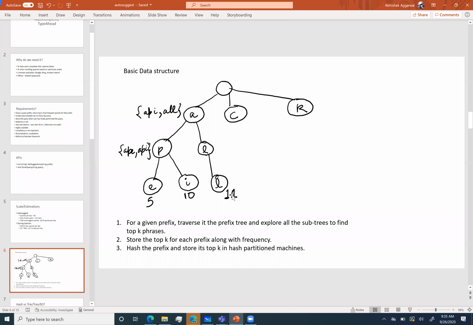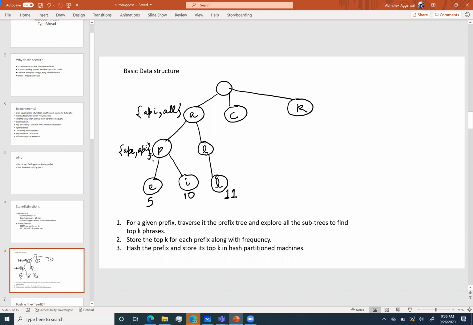So I pick the top 2, 10 and 11. Similarly, if the user has typed AP, I go to that subtree and see two things, 5 and 10. So on this read, we have to go through the entire subtree and rank to find the top K most frequent.